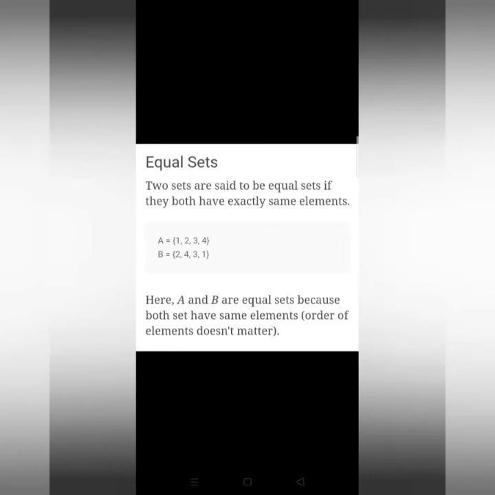Here you check A equal to 1, 2, 3, 4, B equal to 2, 4, 3, 1. Here A and B are equal sets because both sets have the same elements. Cardinality of A and B is 4 and A and B have the same elements. Order of elements does not matter. You already learned, you know? Okay.